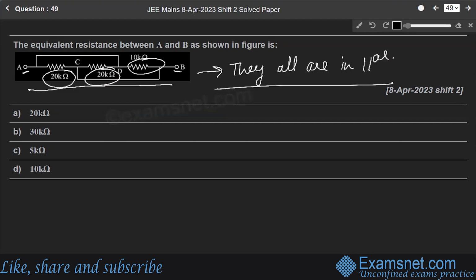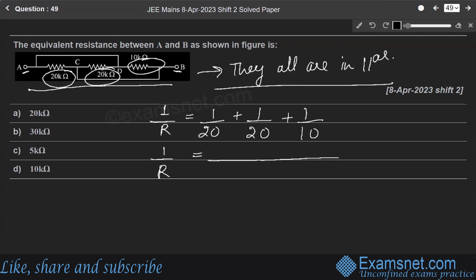Got it? Now solving this, since these are all in parallel, 1 over r equals 1 over 20 plus 1 over 20 plus 1 over 10. So 1 over r equals, with common denominator 20, 1 plus 1 plus 2, which is 4 over 20.